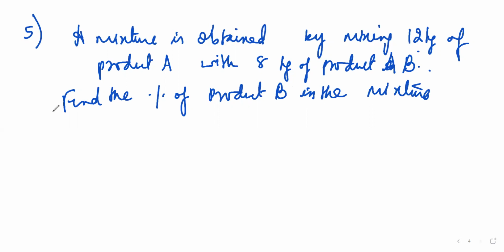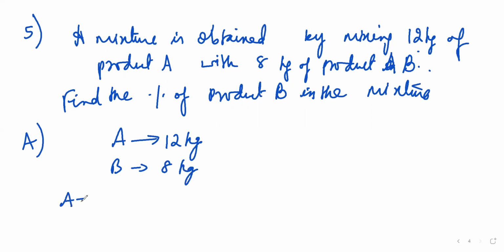Okay, so when you have a question like this, you're going to get MCQs, but I'm just going to solve it first. Then we'll see what type of options we can get. See, it's like this. You have product A, how many kgs? 12 kgs. Product B, how many kgs? 8 kgs. When you add A and B, in totality, you will get 20 kgs.